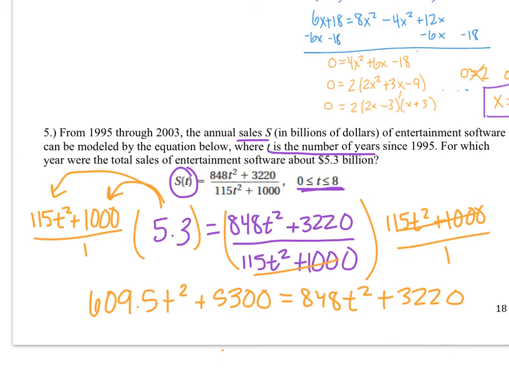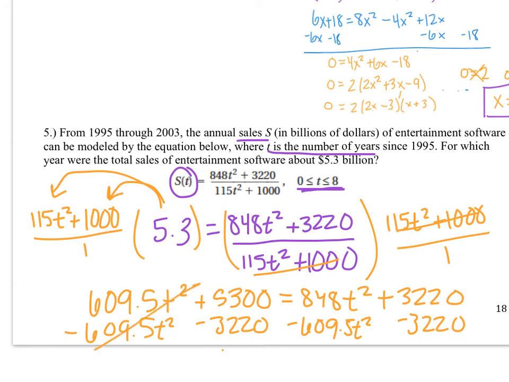So now, since there's no t, guys, there's just a t squared, we're just going to move our t squareds over to one side and our non-t squareds to the other side. So, if I go ahead and do 5,300 minus 3,220. And I'm going to subtract 609.5t squared minus 609.5t squared.